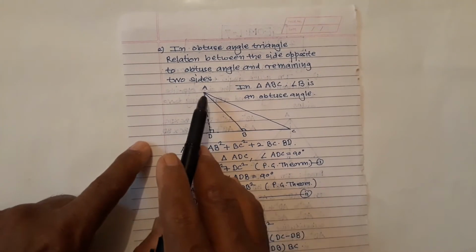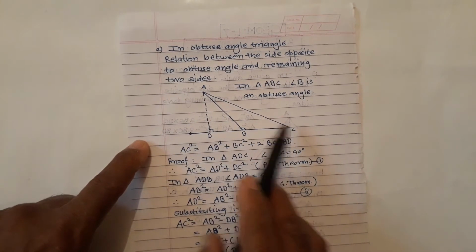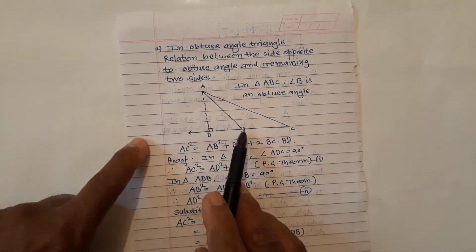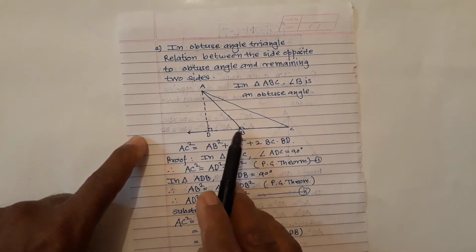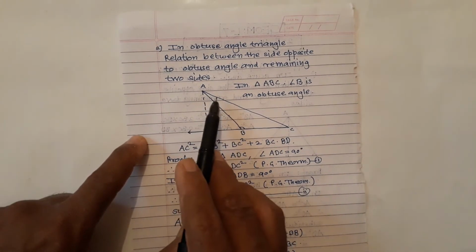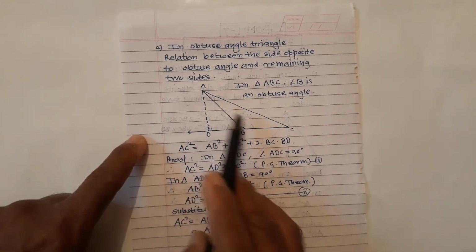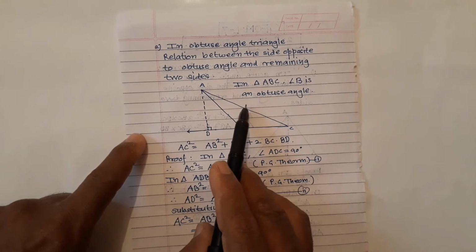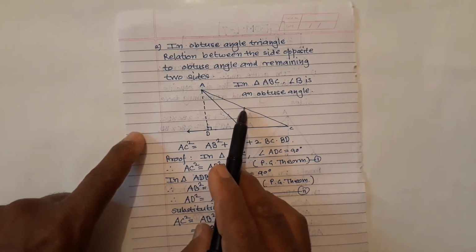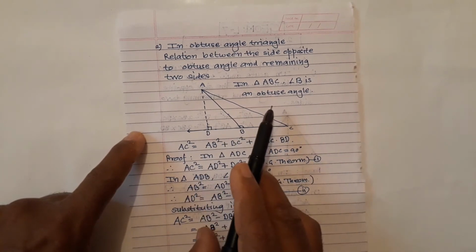Okay, so this is what triangle ABC, which is an obtuse angle triangle. Angle B is obtuse, greater than 90. So remaining two angle A and C are what? Acute.